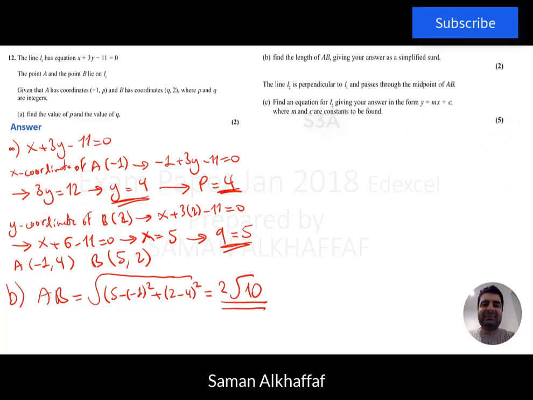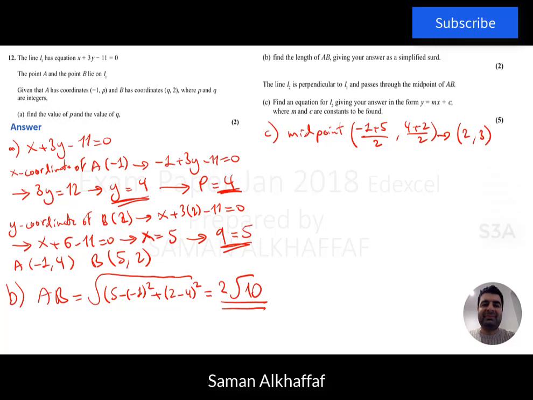In this scenario, the midpoint will be taking the x values and dividing by 2 and the y values divided by 2. So we have -1 plus 5 over 2, and 4 plus 2 over 2. That will give us the point 2 and 3.